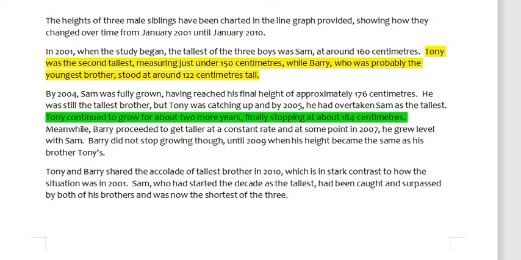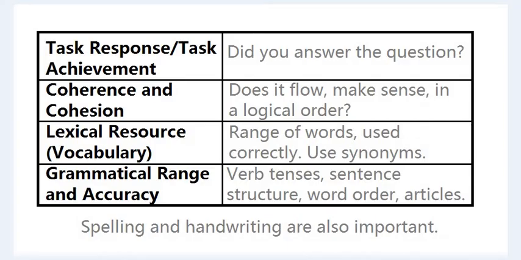The yellow one here is a complex sentence, while the green one is much simpler. Your writing shouldn't all be very complex sentences. A mixture of simple sentences and complex sentences is much better, much easier to read, and much more natural. And my spelling is all okay, and handwriting doesn't apply in this situation.